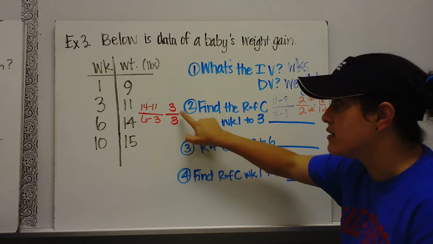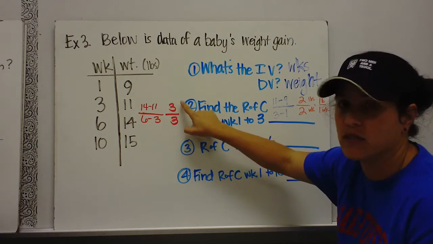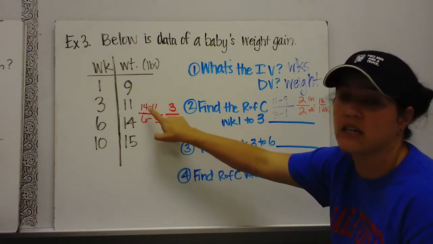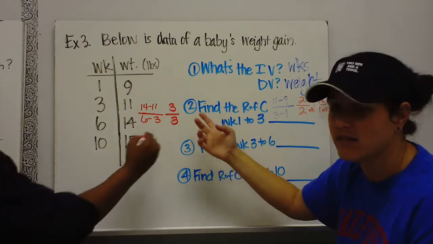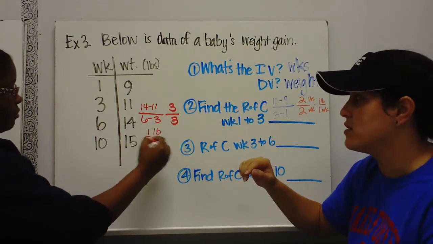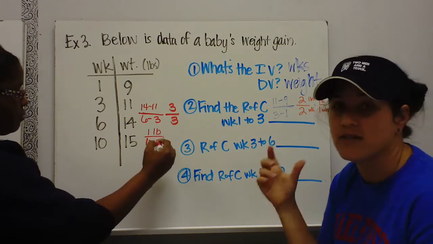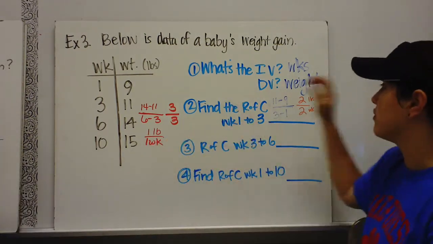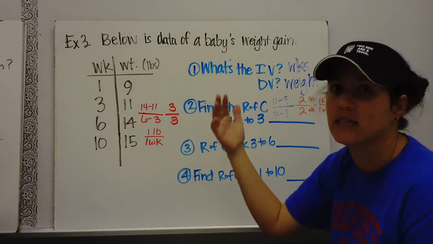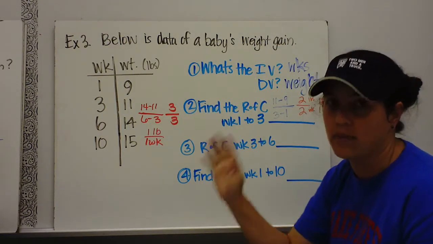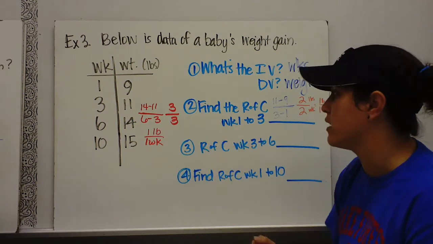And then this means our rate of change was 3 pounds in 3 weeks. 3 pounds gained in the interval of 3 weeks. We could reduce it again to 1 pound every 1 week for this interval, which is also the same as the interval from 1 to 3 weeks. So this looks like our babies are consistently gaining weight. 1 pound 1 week.